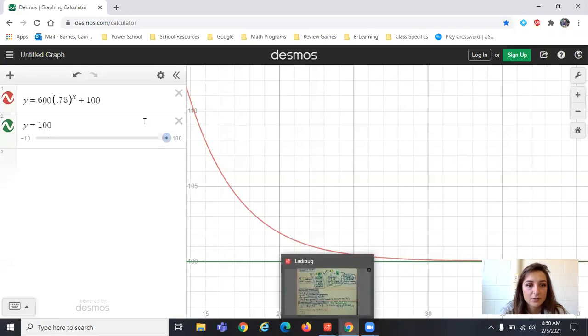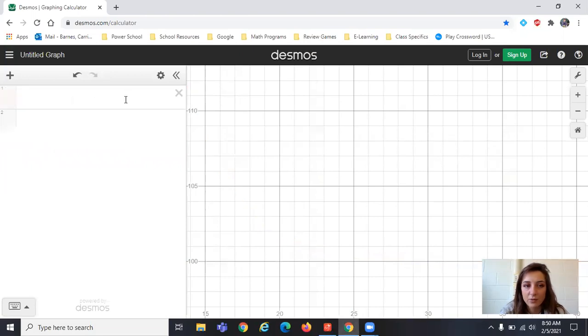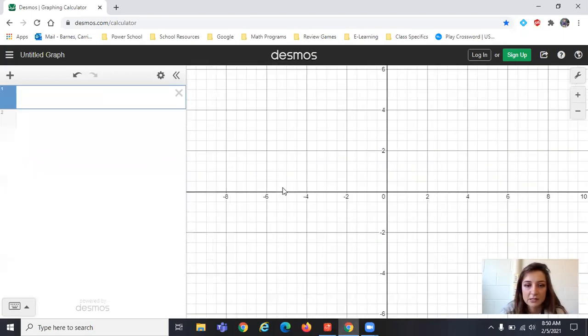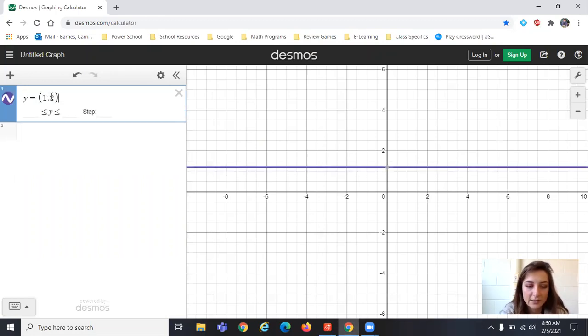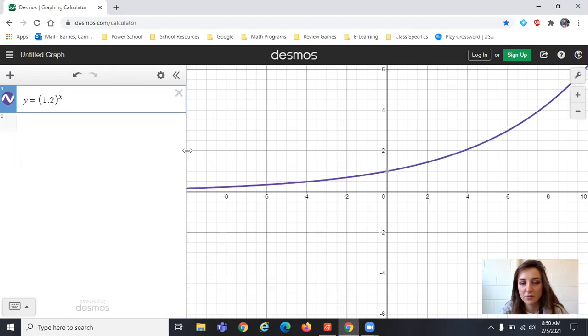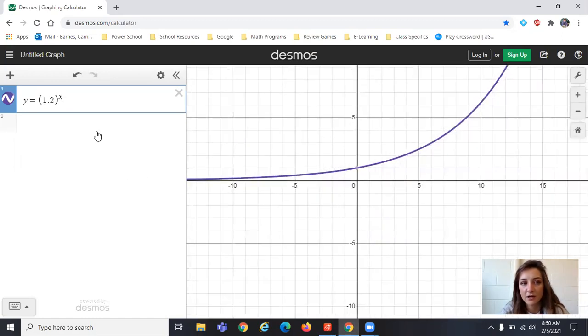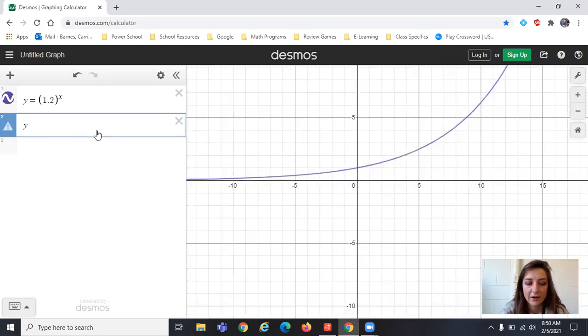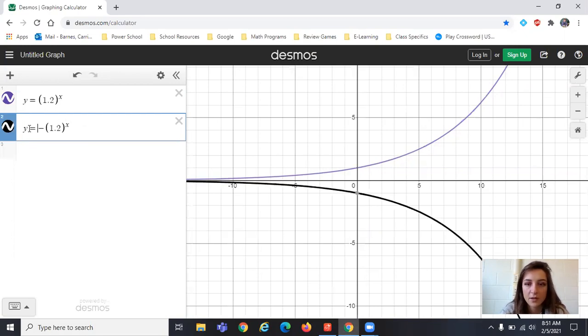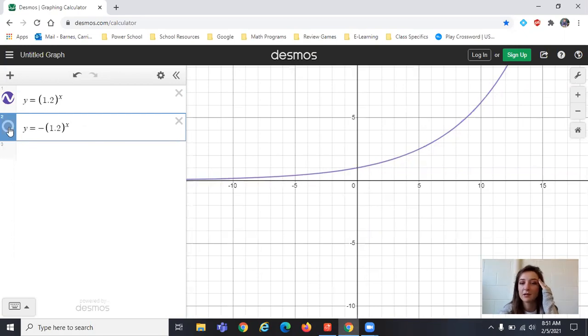All right, so let's go to Desmos, and we're going to type in y equals 1.2 to the x. This is the parent function that we're looking at. So let's look at our very first transformation, which was the negative out in the front. All right, so you can see that whenever you put a negative out in the front, it does reflect over the x-axis.